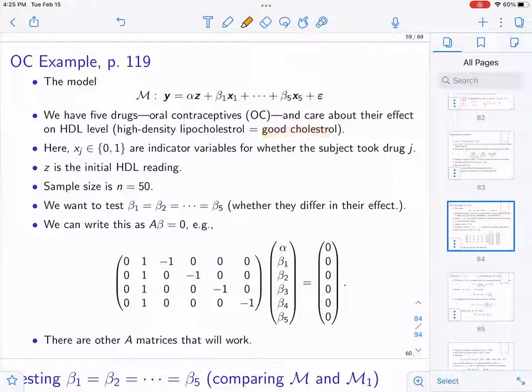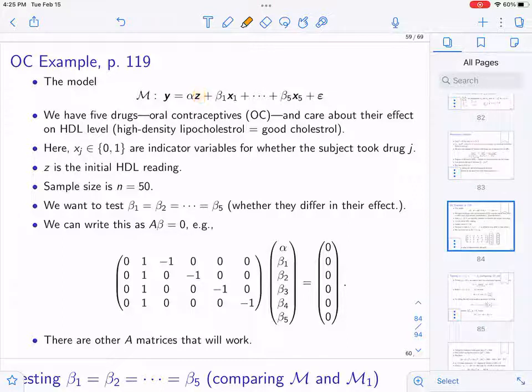You have 5 versions of this drug, or 5 different drugs, and you have a bunch of people volunteer to do the experiment, and then you divide them into 5 groups, and you give each one of the drugs. And what you do is measure their cholesterol level before and after giving the drug.